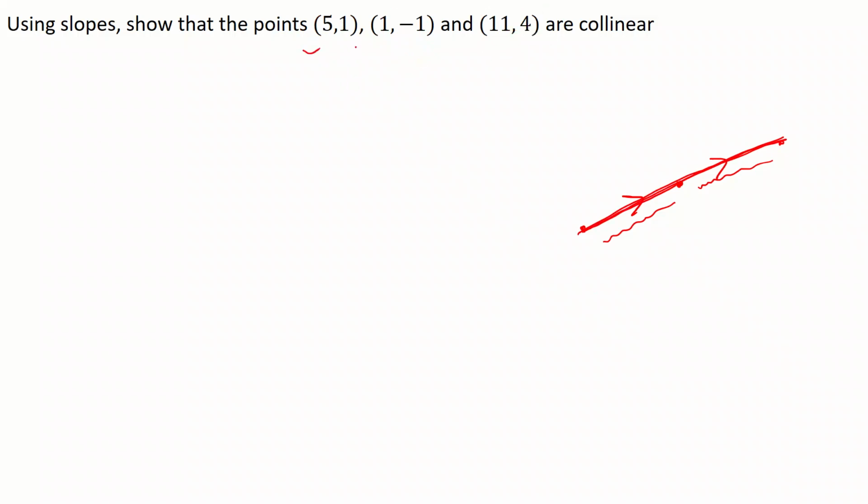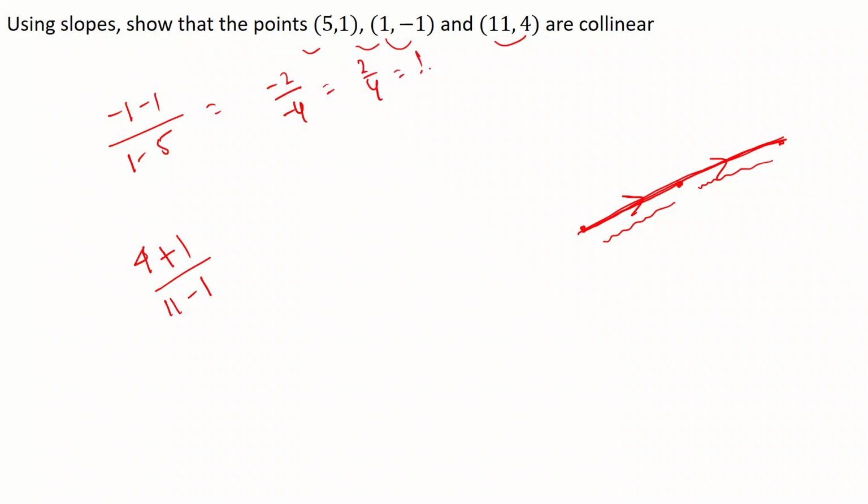For the first 2 points, my slope is minus 1 divided by 1 minus 5, and for the second case my slope becomes 4 minus minus 1, which is 4 plus 1, divided by 11 minus 1. So this turns out to be minus 2 by minus 4, which is 2 by 4, which is equal to half, and this turns out to be 5 by 10, which is actually half.